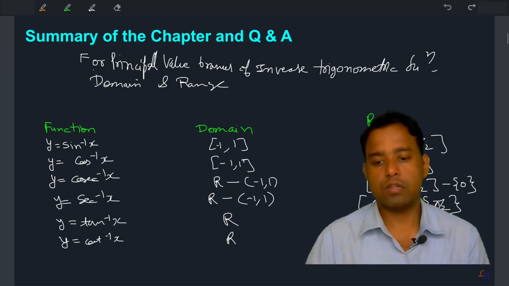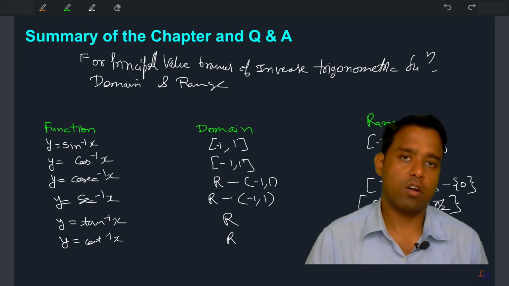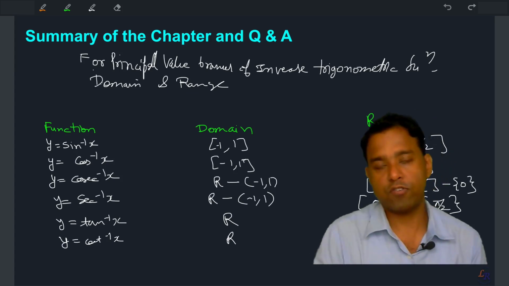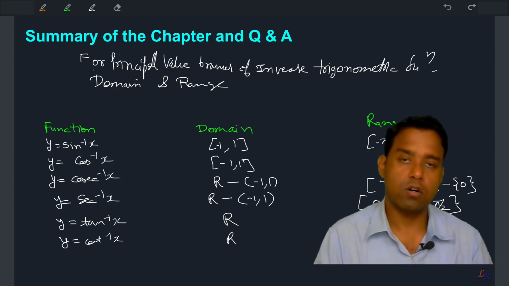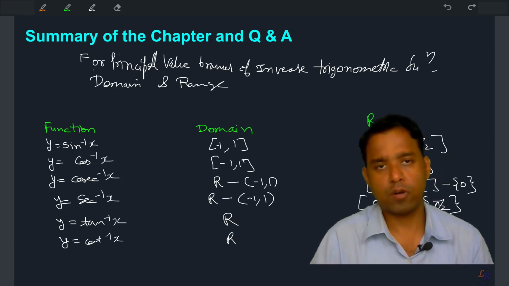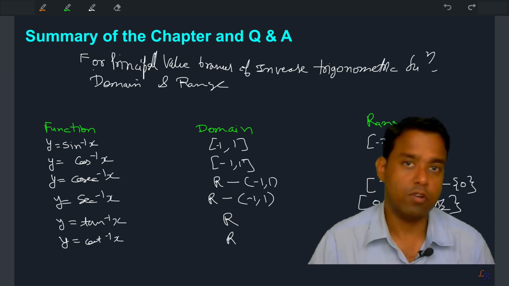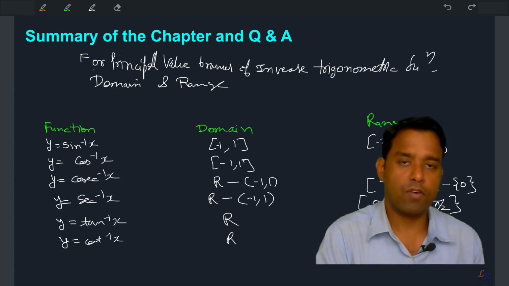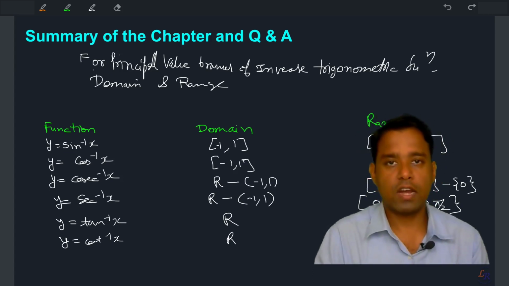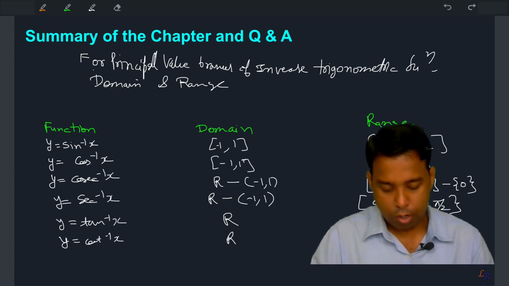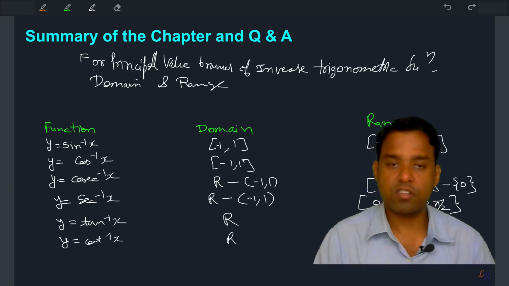So these are the function domains and ranges for the inverse trigonometric functions that we have already seen, and it is important to know them, because when we calculate the principal values for different inverse trigonometric functions, these values will be very helpful. This is the domain and range where the functions are one-one and onto, and then you can have an inverse defined, otherwise it is not correct. So this is about the function domain and range.